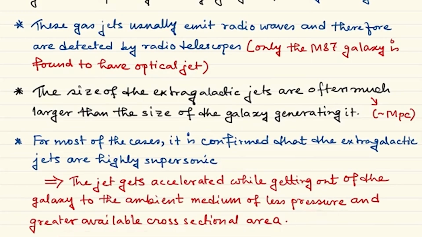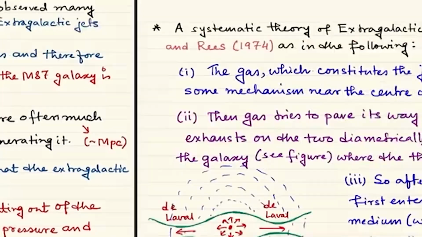That's why when extragalactic jets are spit out of the galaxy into a very dilute ambient medium, the intergalactic medium, the flow is also accelerated. So this is something which we already know.